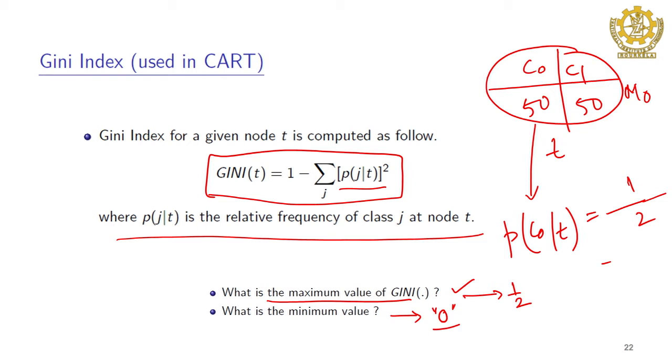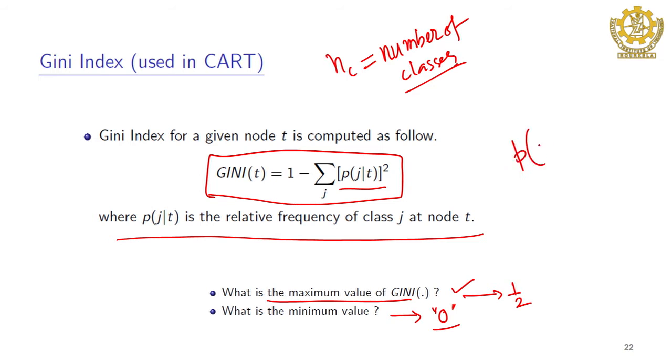Now, if there are NC classes, where NC is the number of classes, what will be the maximum value? All classes are equally probable. So what will be the PjT value for each class?